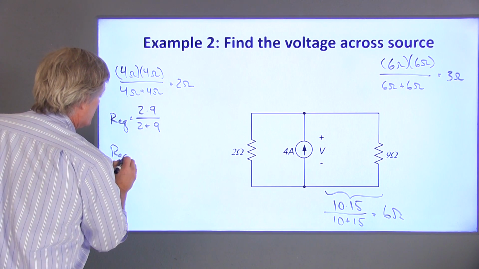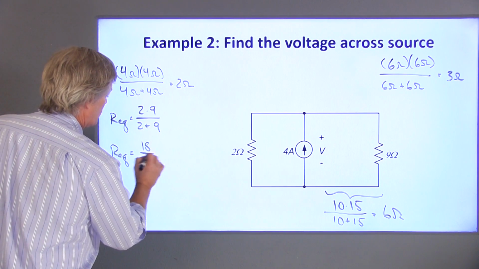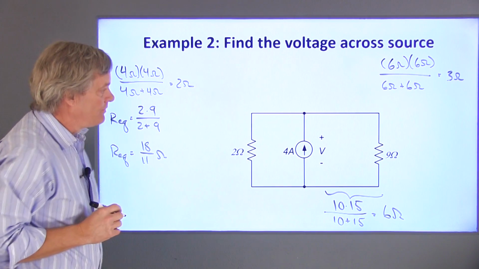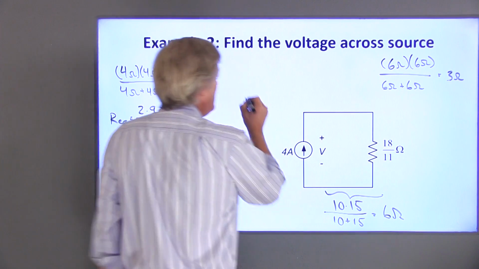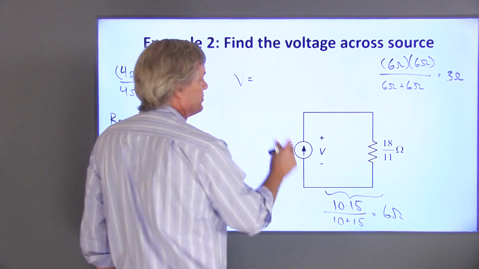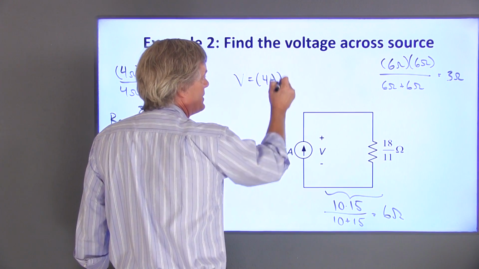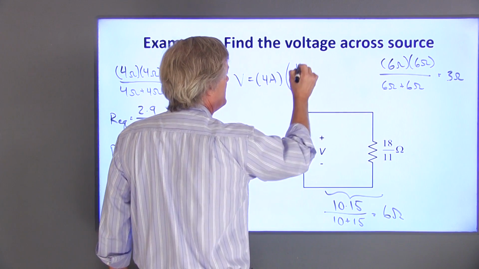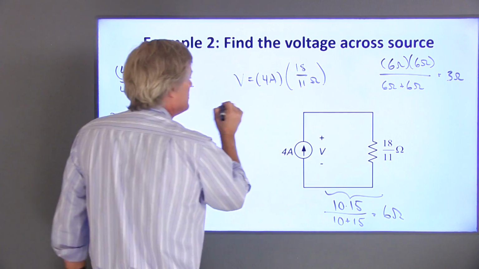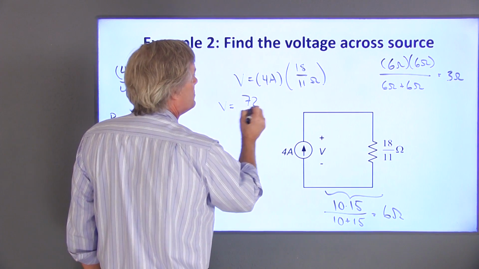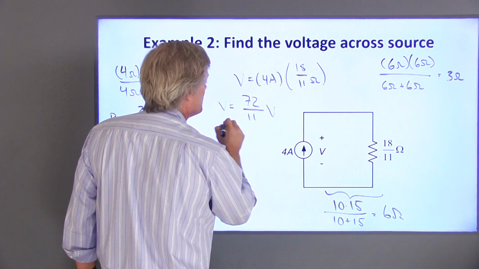So REQ is equal to 18 over 11 ohms. Now, I know that voltage V is equal to the current, 4 amps, times this equivalent resistance, 18 over 11 ohms. So V is equal to 72 over 11 volts.